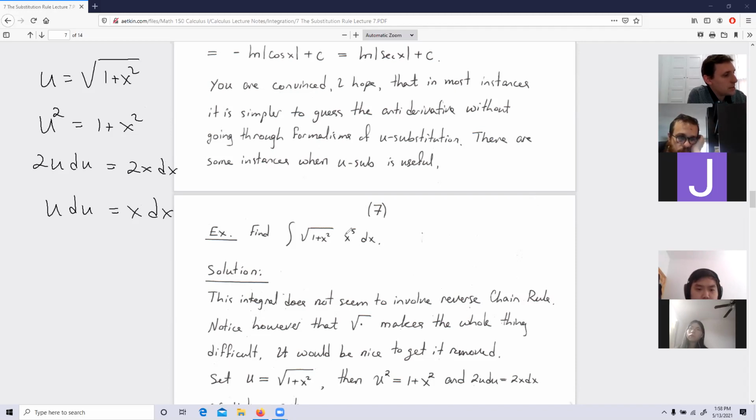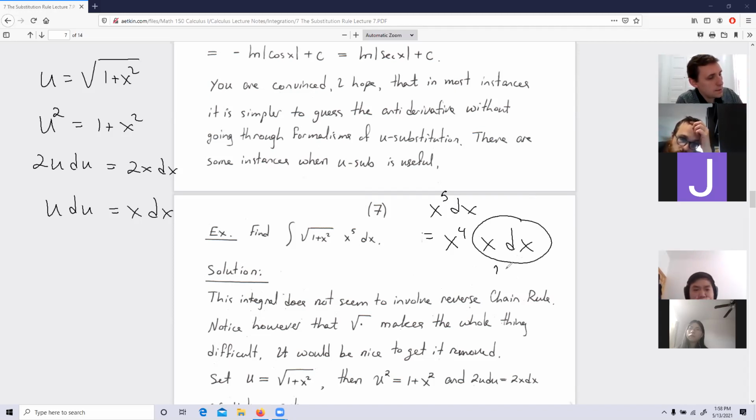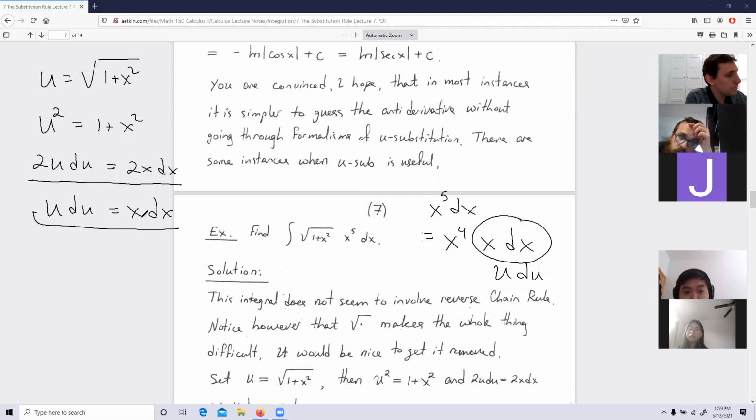Now, let's look at what this means for the particular function we have here. So if this is u, then what is x to the power of 5? Well, x to the power of 5 dx can be written as x to the power of 4 times x dx. Yes? I know that x dx is u du from this equation.